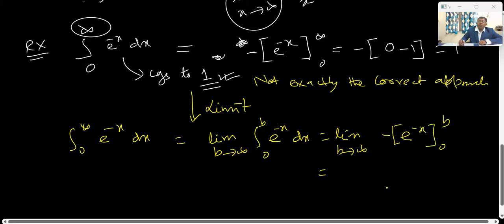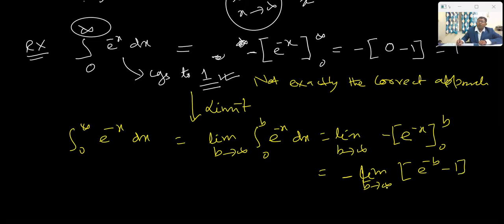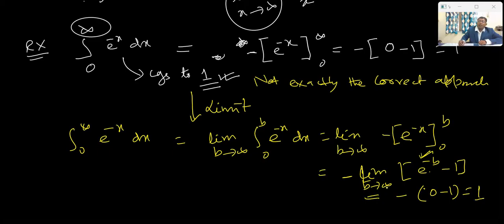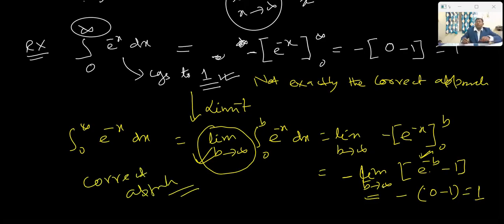So this is minus of the limit as b tends to infinity of e to the power minus b minus 1. But as b tends to infinity, e to the power minus b gives 0. So this is minus of 0 minus 1, which is 1. That means to deal with the infinite case, we use the limit. So this is the correct approach here.